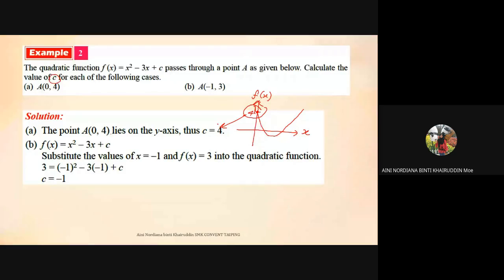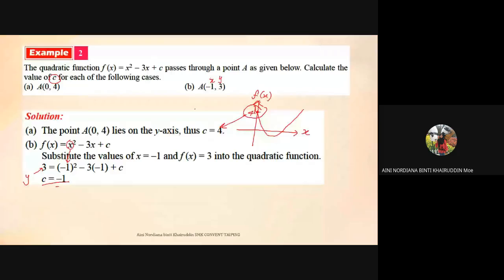Sebab point 0, 4. Kalau point macam ni, negative 1, 3. So you kena masukkan nilai x. Nilai y lah.